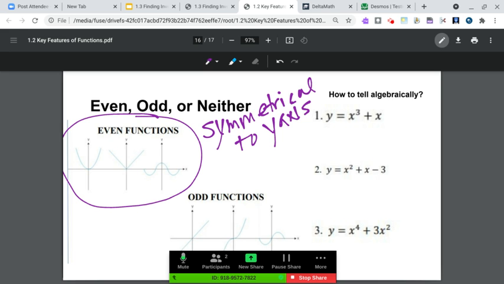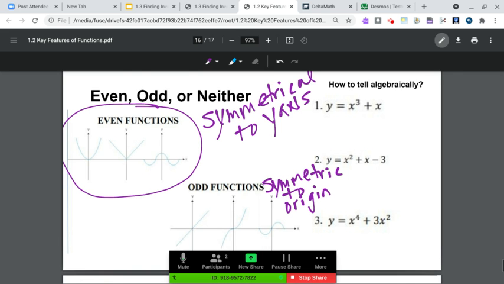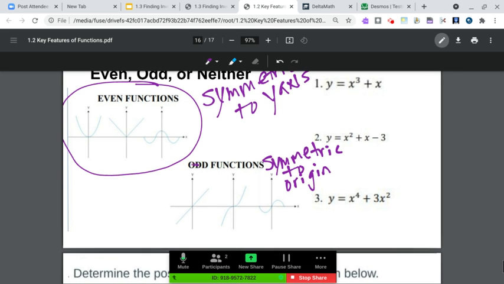For odd functions, it's symmetric to the origin. That's a little bit harder to tell, but basically if you look at your 3 picture examples here, if you did a rotation of it about the origin, it would flip onto itself.